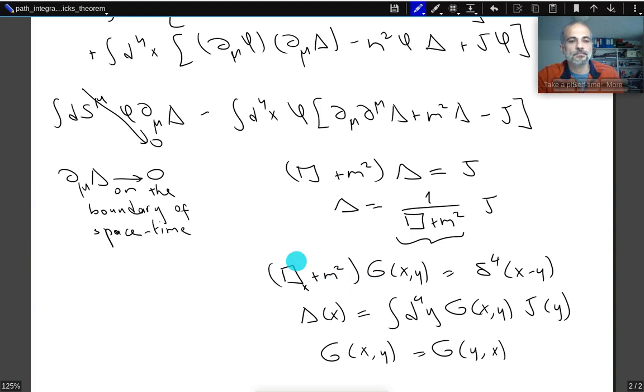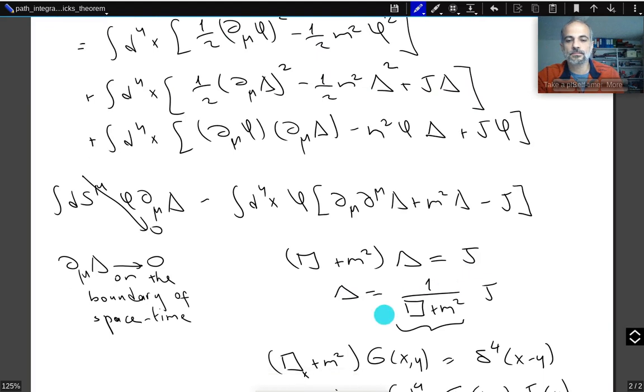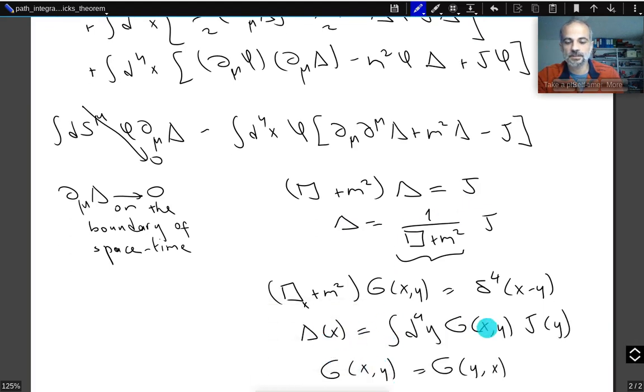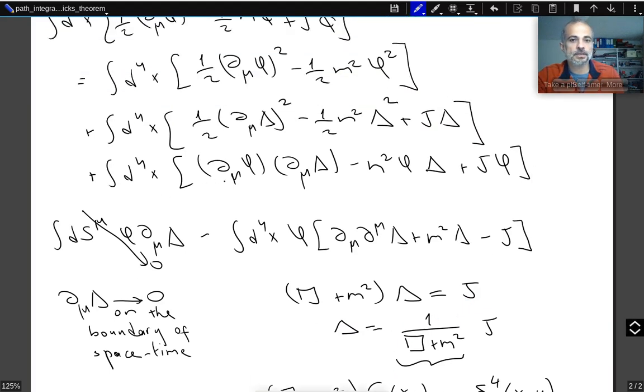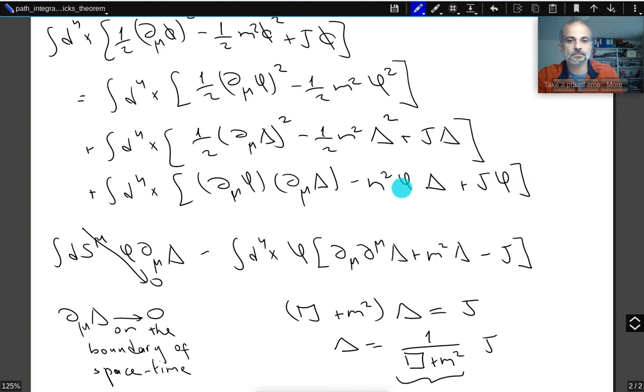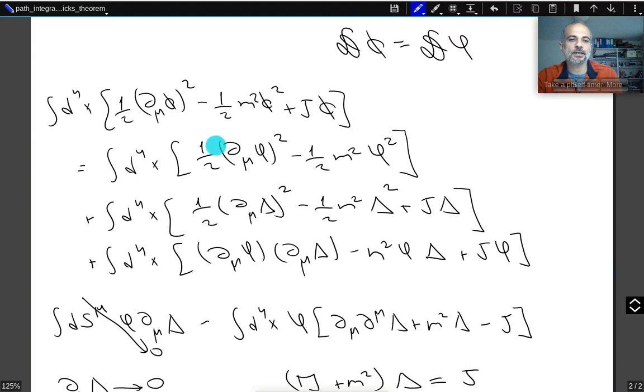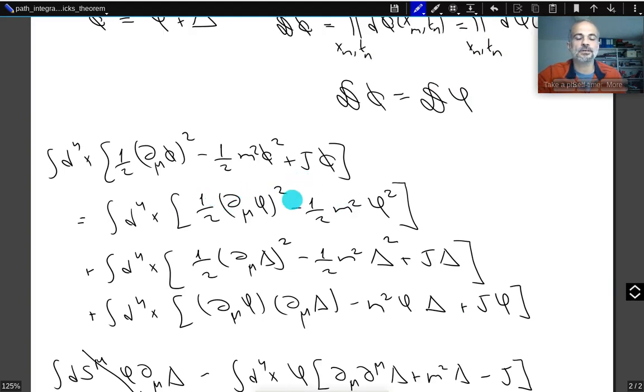So, assuming I choose my delta to have the form given by this expression, I know that the last line will be 0. I have the first line, which is nothing but my free Lagrangian density without this source term. And then I have this second line, which is the pure source term.